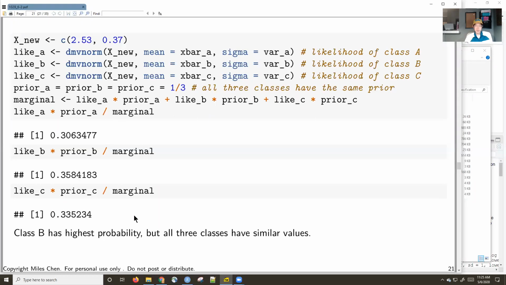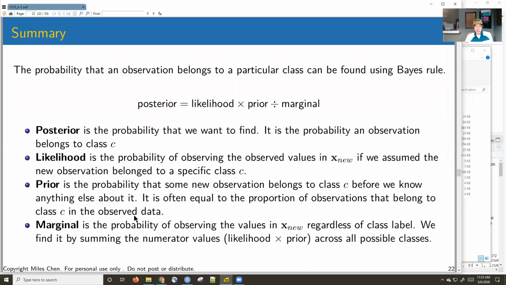So that's the Bayes classifier. Again, we do this by doing likelihood times the prior divided by the marginal, and the likelihood is calculated using some kind of density value. In today's lecture, we looked at the multivariate Gaussian, the multivariate normal, but in Monday's lecture, we saw it applied to the Bernoulli, or the binomial distribution, for the likelihood.